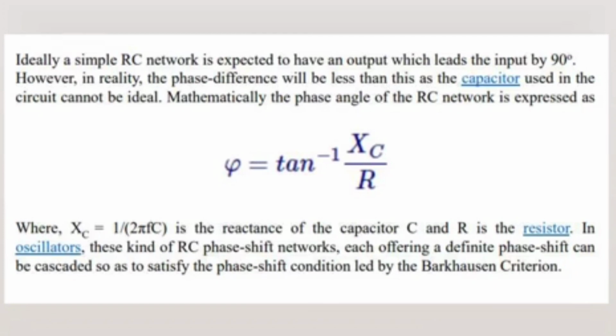Mathematically, the phase angle of the RC network is expressed as phi equal to tan inverse of XC by R, where XC equal to 1 by 2 pi FC is the reactance of the capacitor C and R is the resistor. In oscillators, these kind of RC phase shift networks, each offering a definite phase shift, can be cascaded so as to satisfy the phase shift condition led by the Barkhausen criterion.